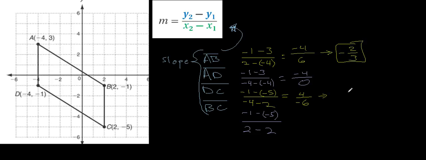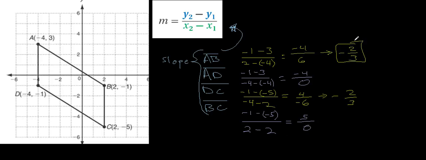That breaks down again and simplifies into negative 2/3. Now finally my last value here, negative 1 plus 6 gives you 5, over 2 minus 2, which is 0.